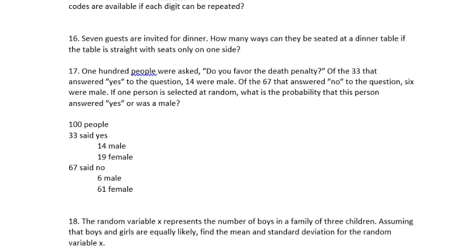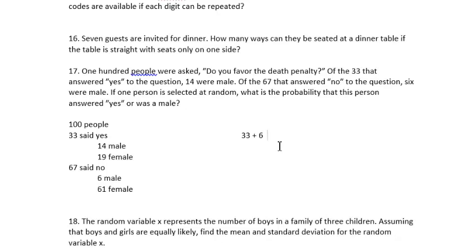So we have an OR question here. For OR, we need to figure out the number of people that either answered yes or are male. The people that answered yes was 33. Other people that could also qualify are these 6 male people that answered no. Those are all the people that would qualify for this group.